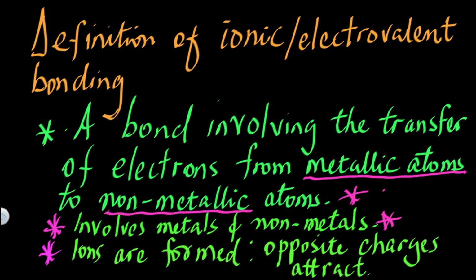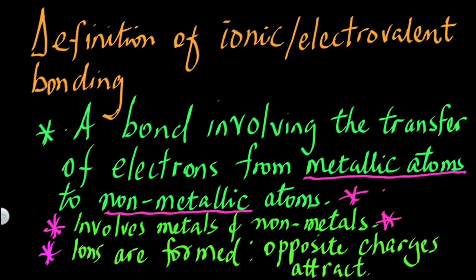So the ionic bond itself is essentially an electrostatic attraction. In electrostatics, we say that opposite charges attract. So during ionic bonding, there are going to be opposite charges formed: the positive charges formed by metal atoms losing electrons, and the negative charges formed by non-metals gaining electrons.